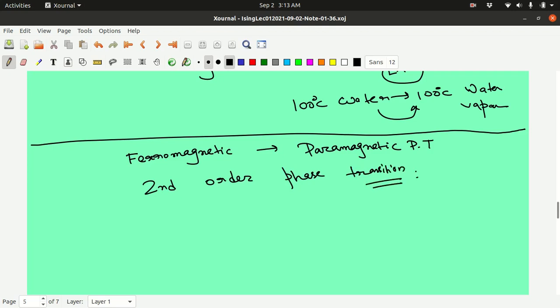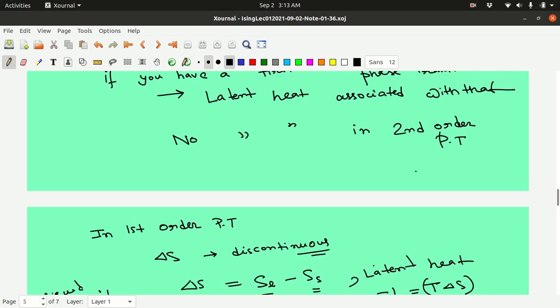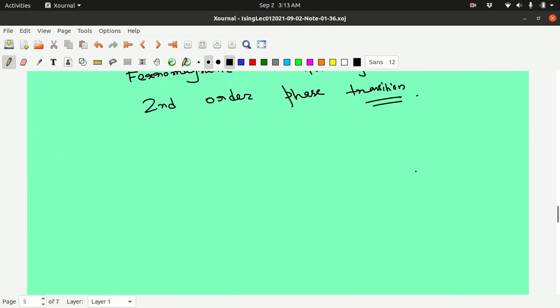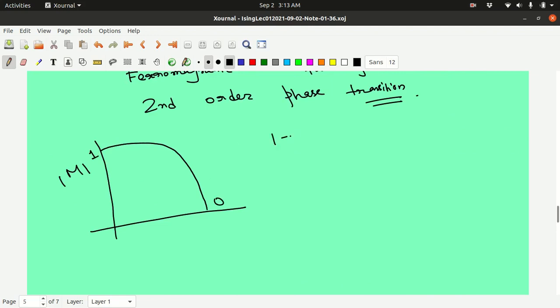And if you plot the order parameter of this transition, which is the magnetization of the system, the modulus of the magnetization, then it will go something like this. So it will go from 1 to 0. So 1 in the ferromagnetic case and 0 in the paramagnetic case.